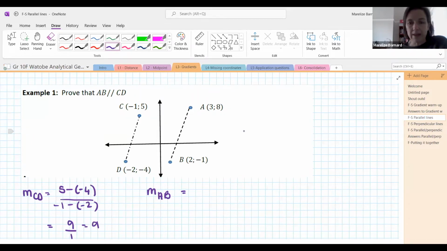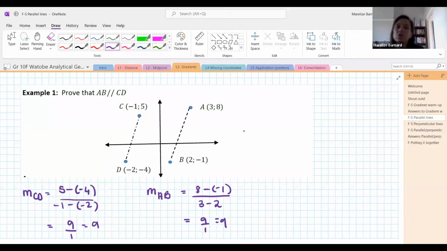And then if we do AB, we go 8 minus minus 1 and 3 minus 2, and that gives me 9/1, which is 9. So indeed, the two lines both have the same gradient.